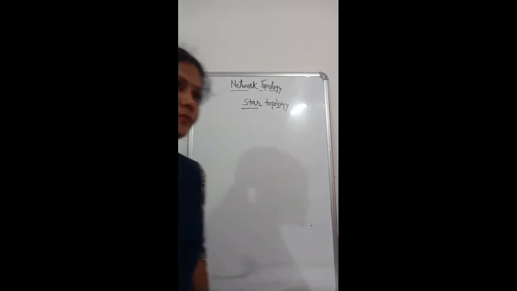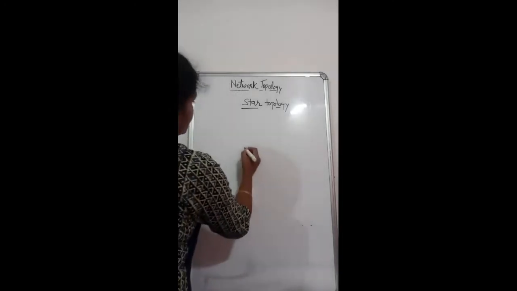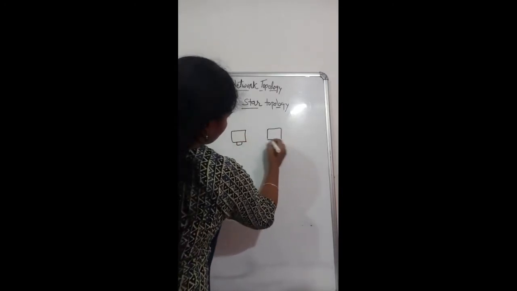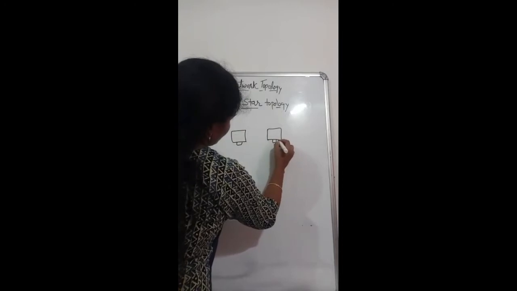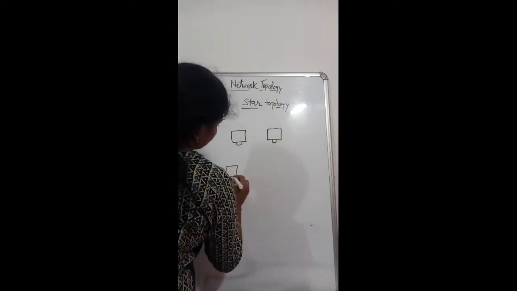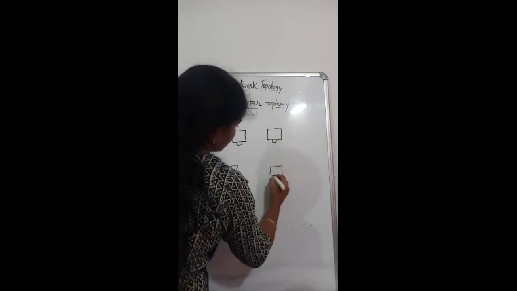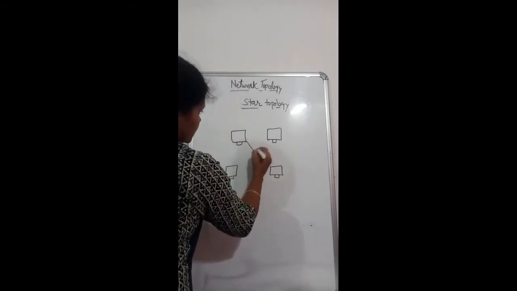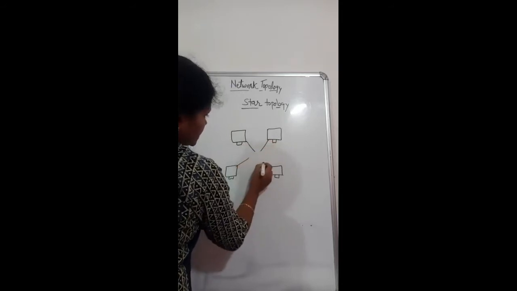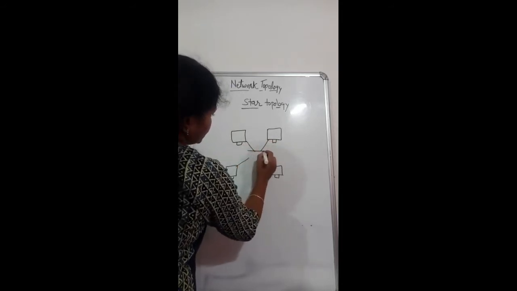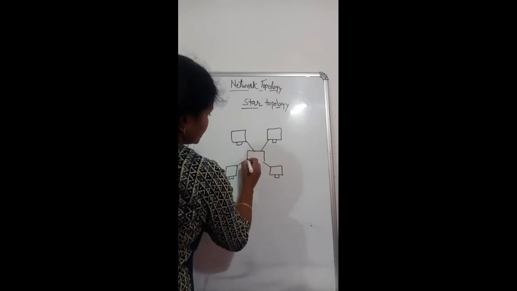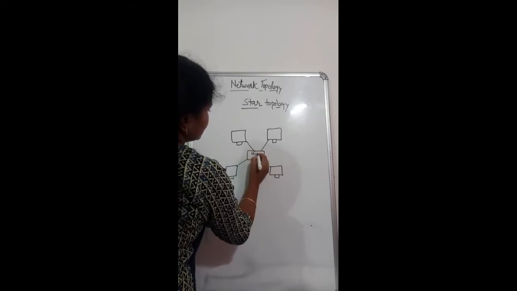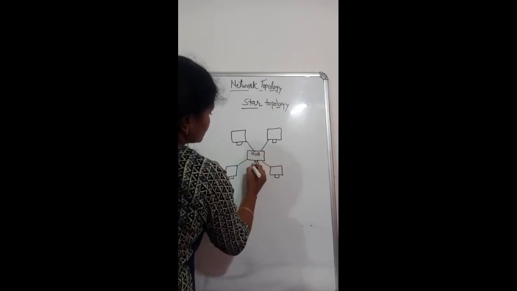So children, see here. These are nodes, or you can say computers. These computers are nodes connected with one central connection that is called a hub or switch.